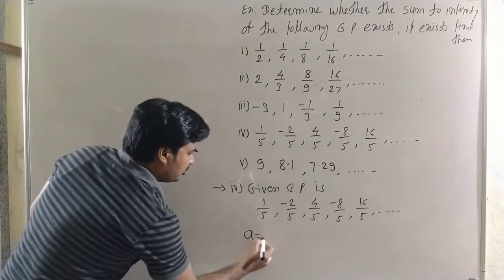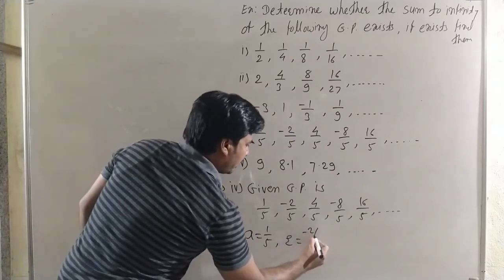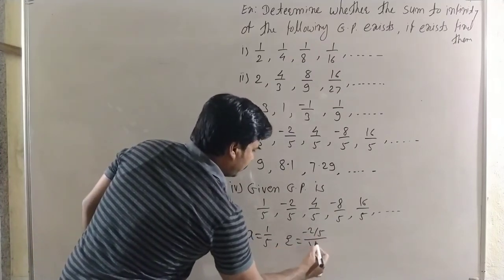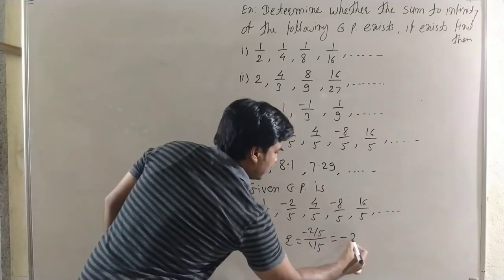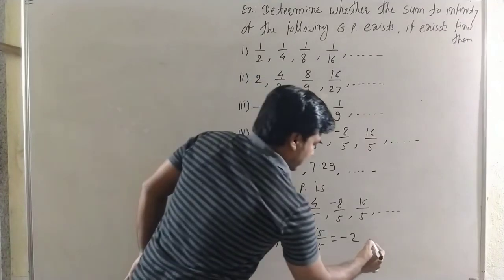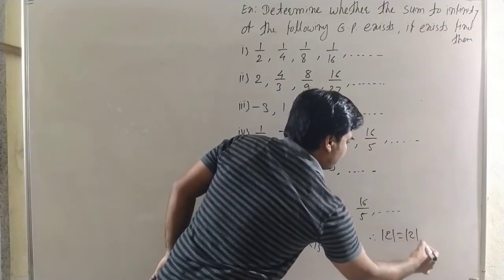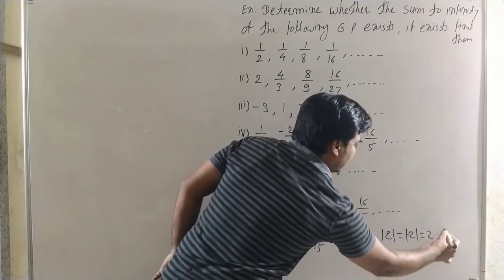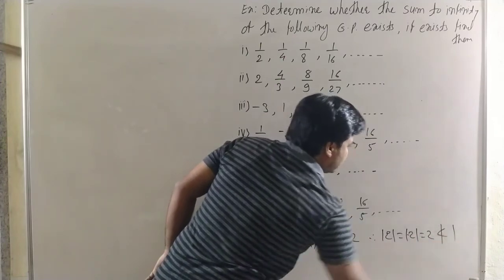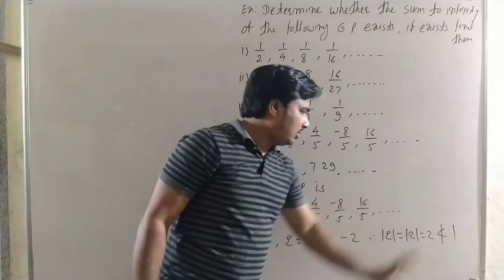Here A is equal to 1/5 and R is equal to (-2/5) upon (1/5), that means -2. Here -2 is R. Therefore mod R is mod of -2, which is 2, and which is not less than 1. That means mod R is not less than 1.